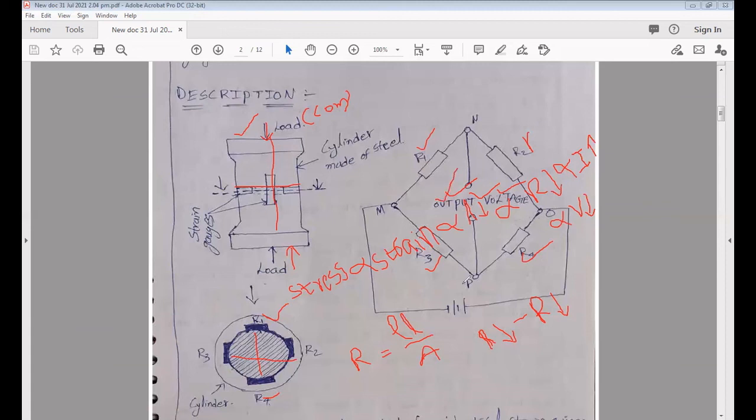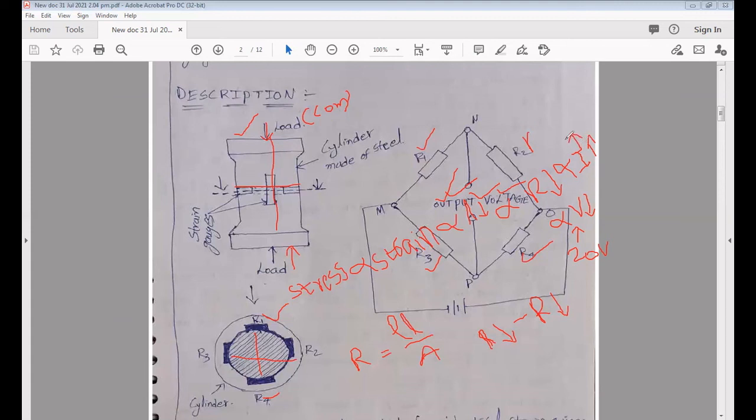In a Wheatstone bridge, according to that output voltage, we can decide the remaining values. Suppose the meter measures an output voltage of 20 volts. According to 20 volts, what is the flow of current in that particular circuit?